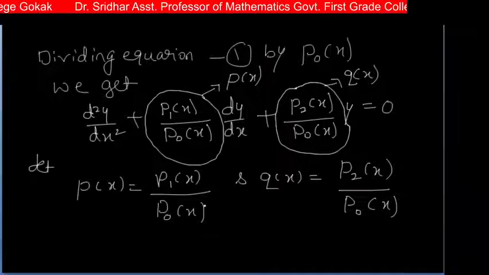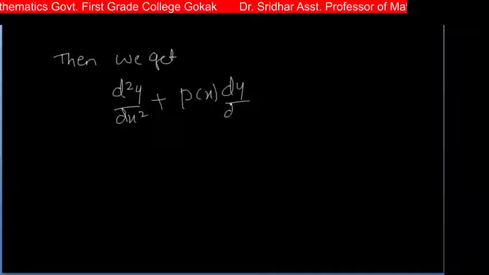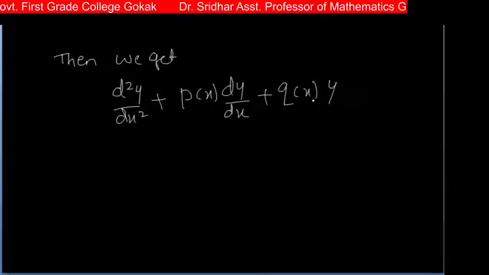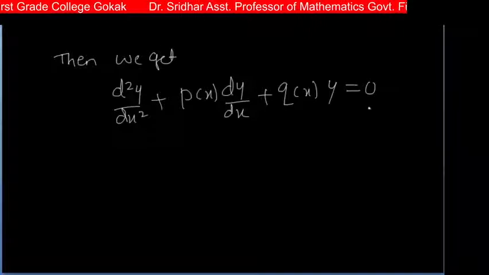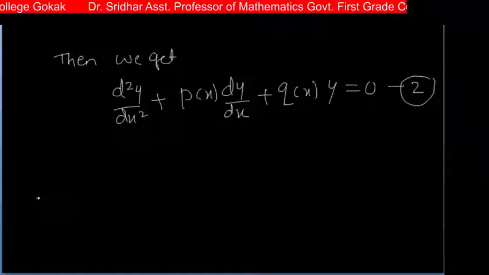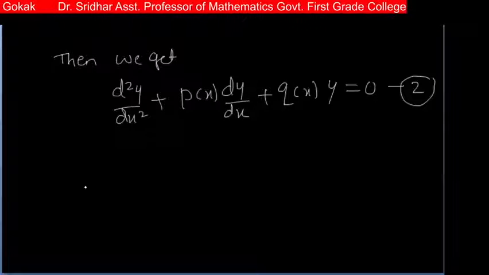Okay, so then replacing those, we get d square y by dx square plus P of x dy by dx plus Q of x into y equal to 0. So call this equation 2.